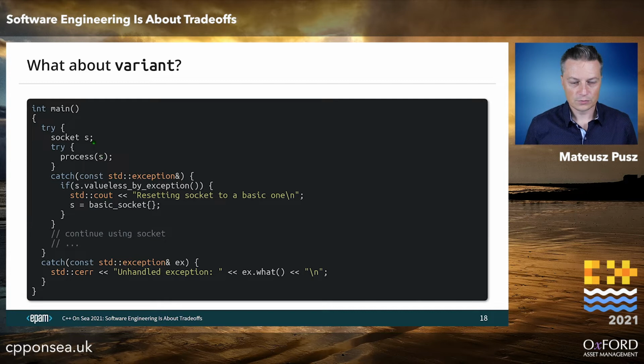And now, if you want to call our function process, it may look like this. We have a socket, we have the function process that takes the socket, and then we are catching the exception. When we are catching the exception, we may want to check if our variant socket is invalid by exception state. It means that basically it failed to establish a fast socket.